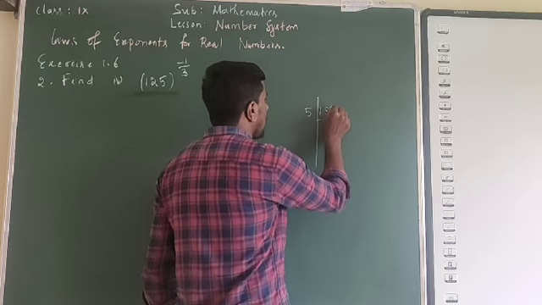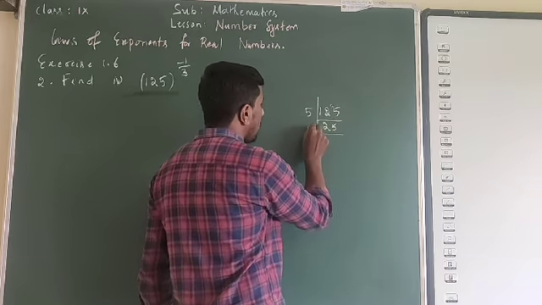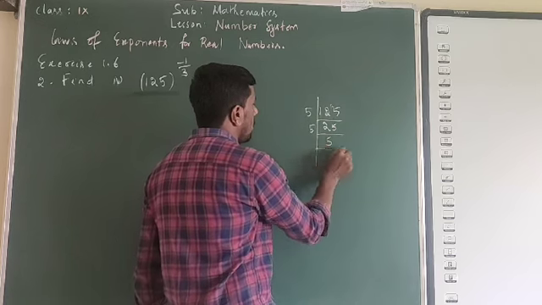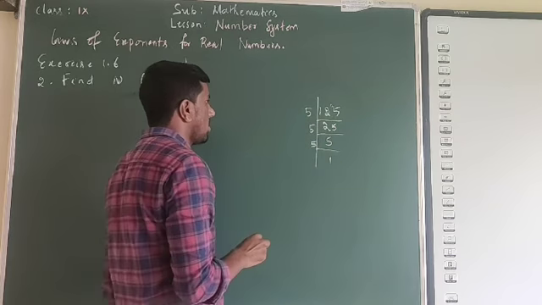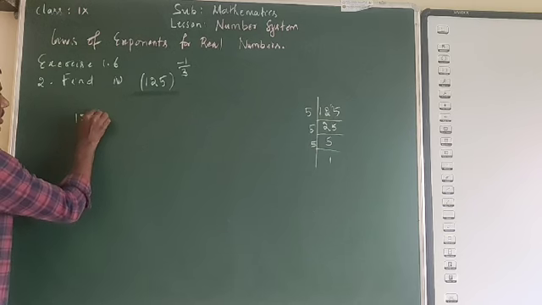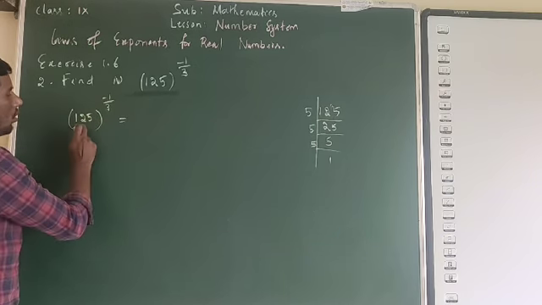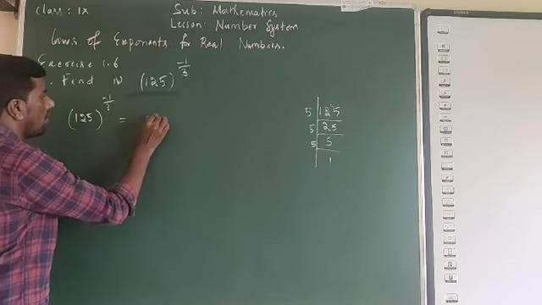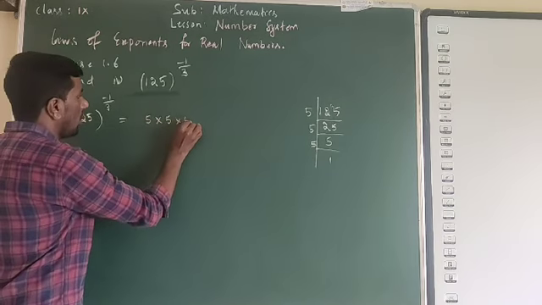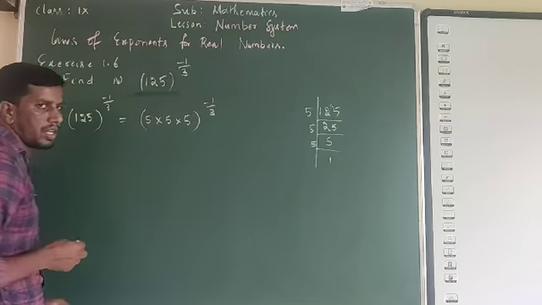5 twos are 10, 2 will be remaining, 5 fives are 25. Again it is divisible by 5, 5 fives are 25. Again divisible by 5, 5 ones are 5. So 125 I can write as 5 into 5 into 5. So 125 to the power of minus 1 by 3 can be written as 5 into 5 into 5, to the power of minus 1 by 3, correct?